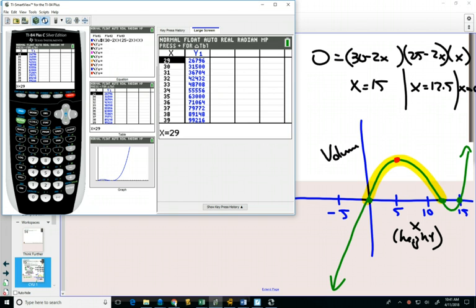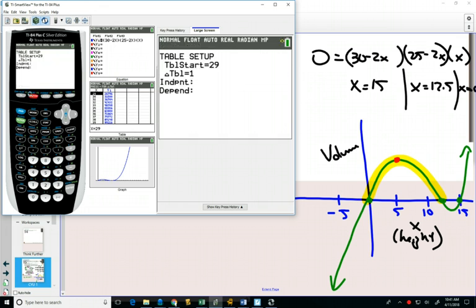Now it was frustrating because when he got to the next question, he had to get back to 0. So he just spent 15 minutes getting down to 10,000. He needed to spend 15 minutes to get back to 0, but there's a shortcut. So I let him get back to about 500 before I showed him the shortcut. The shortcut is, if you go second table set, where would you like your table to start at?